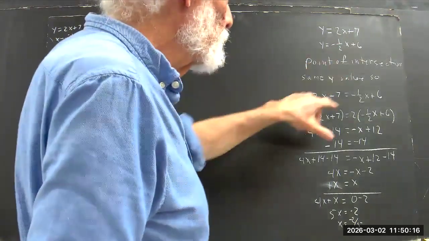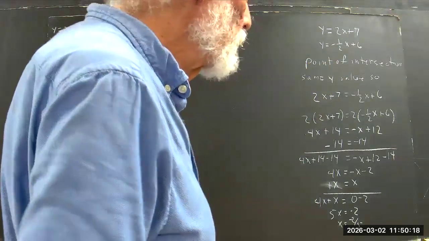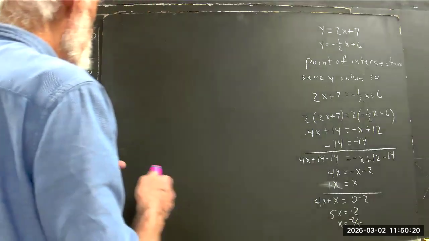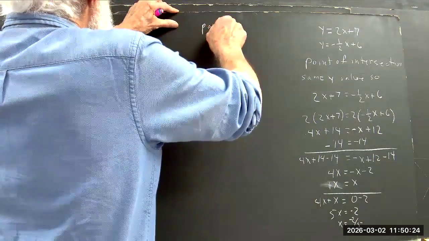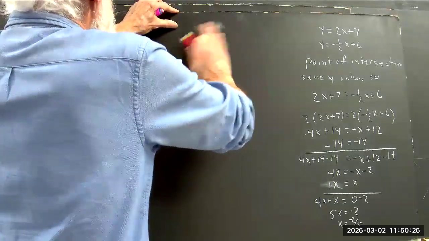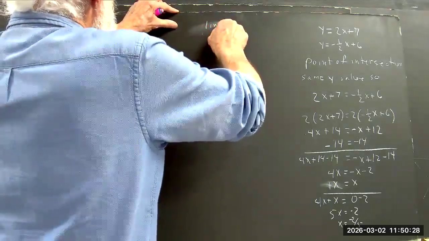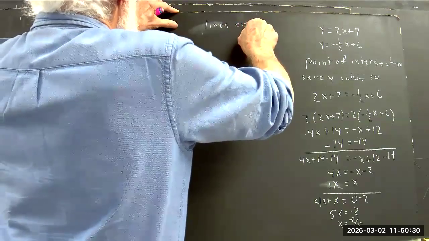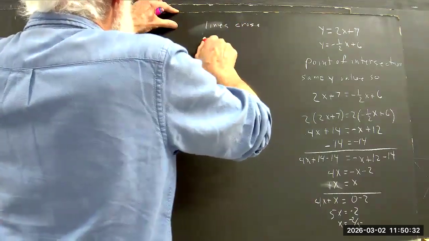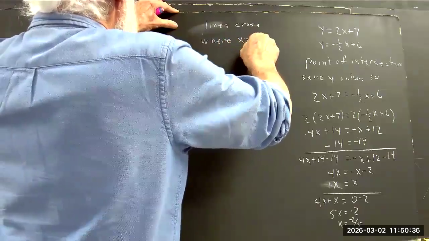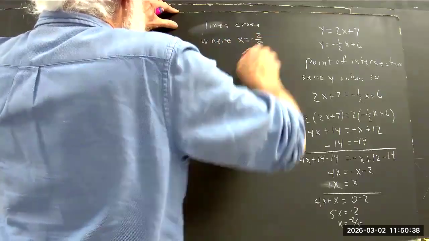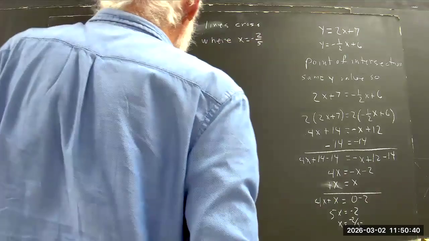So we set those two expressions equal and solve and get x equals negative 2/5. So the lines cross at x equals negative 2/5.